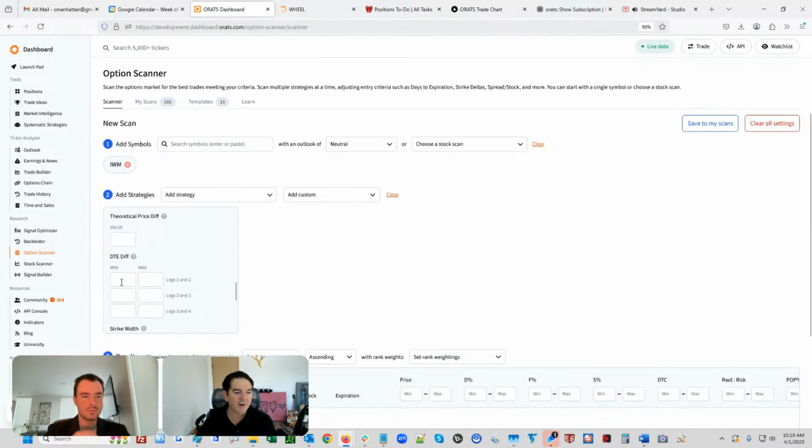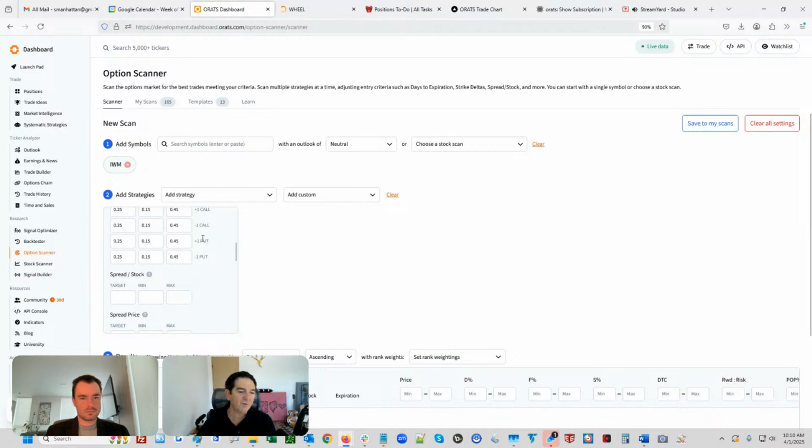So we're going to have a minimum of, let's just say, 2 days. And then on this difference, leg 2 versus leg 3, we have to set that because right now it says 0, 0, and we won't get any. Leg 1 might be a 2 day and leg 4 might be a 4 day.